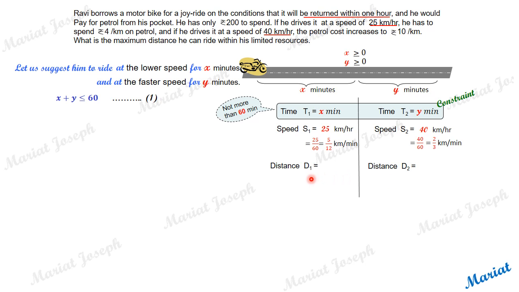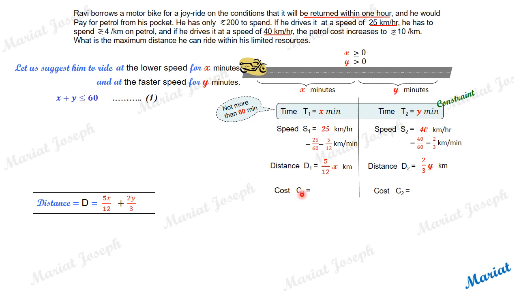The distance he would be able to cover in the first segment, distance equals speed into time, is 5 by 12 into x kilometers, and in the second segment 2 by 3 into y kilometers. So the total distance he will be able to cover is 5x by 12 plus 2y by 3.